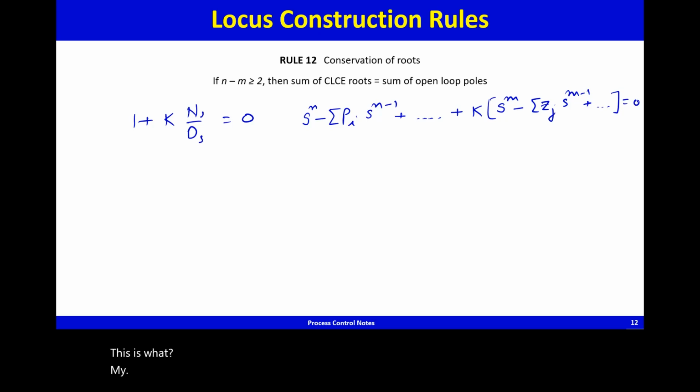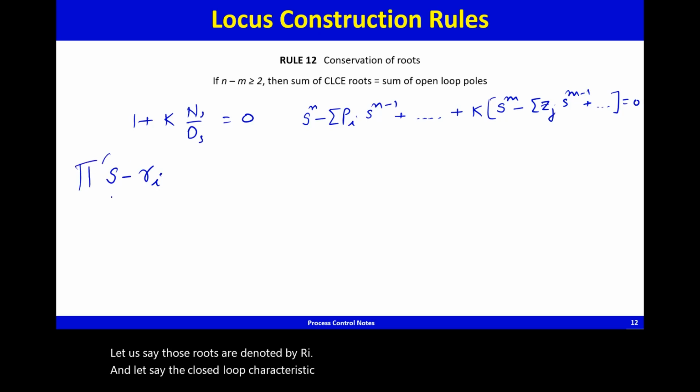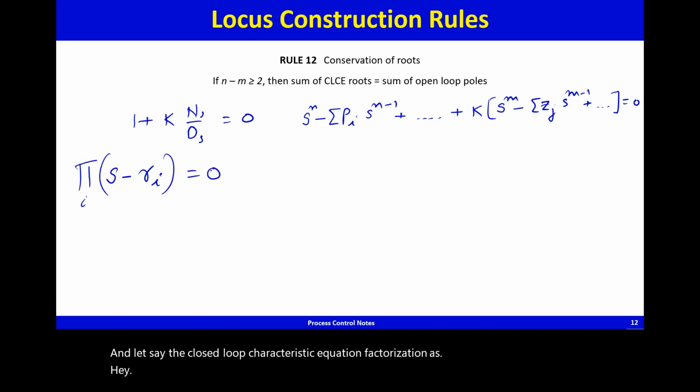Now the closed loop characteristic equation has n roots, and let us say those roots are denoted by Ri, and let us say the closed loop characteristic equation factorizes as a product of these factors.